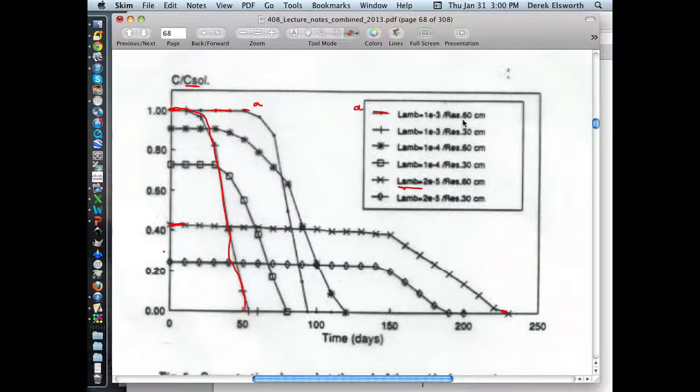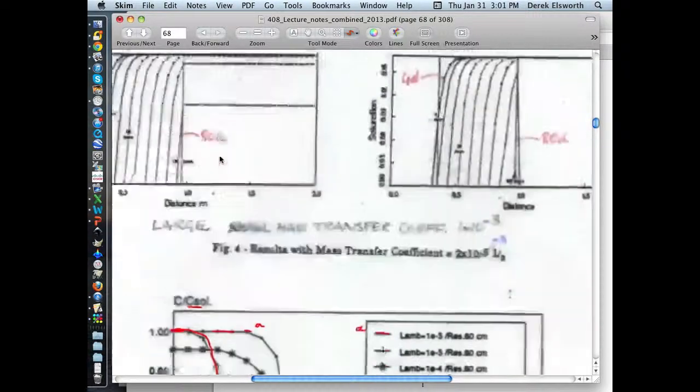This is the fastest flow rate, but if that's the gradient, it's backwards. If you have the same mass transfer coefficient, they're the same magnitudes, but if it's flowing at a head of 60 centimeters, it would be physically flowing faster, so it would deplete faster, and therefore this one should go down before this one. So it can't be head, so that's backwards.